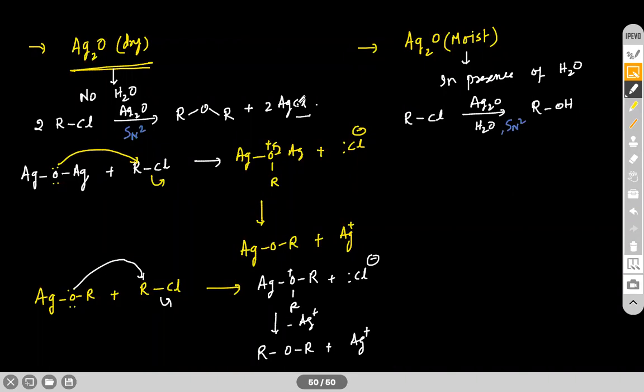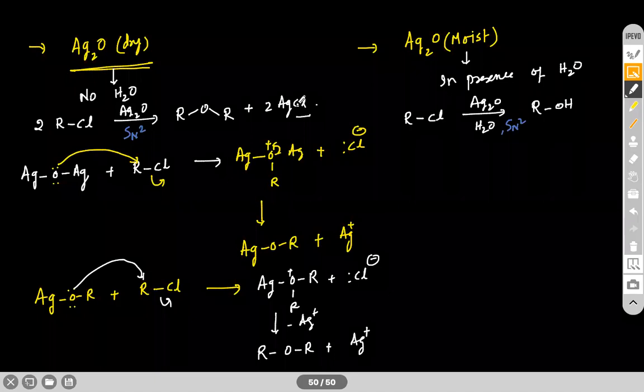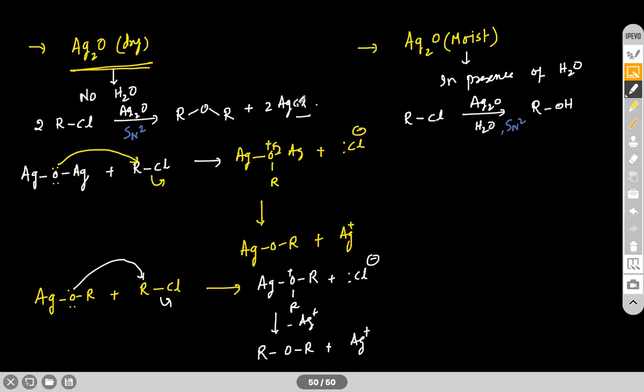SN2, SN1 both are comparative reactions. If you are taking 3 degree alkyl halide, then the reaction has more tendency to go via SN1 mechanism. That is what we can say. So all these alkyl halides we are considering are 1 degree.